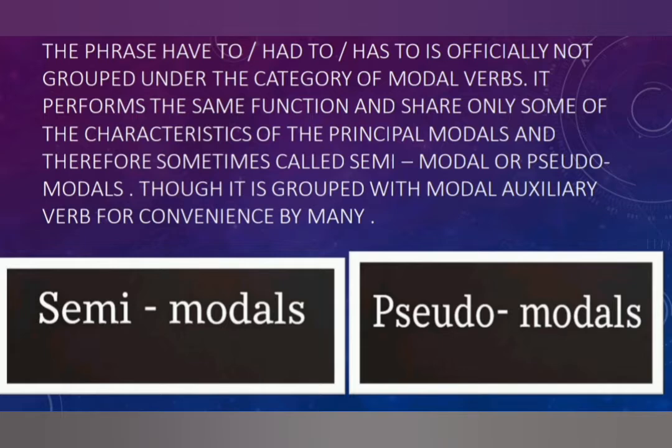It performs the same function and shares only some of the characteristic features of the principal modals, and therefore is sometimes called semi-modal or pseudo-modal verbs, though it is grouped with modal auxiliary verbs for convenience by many.